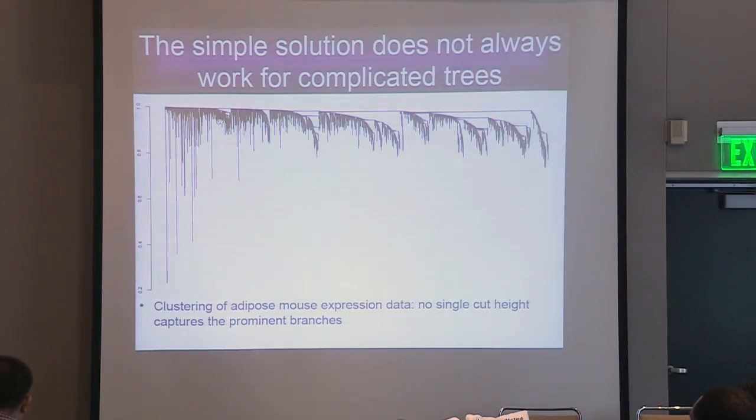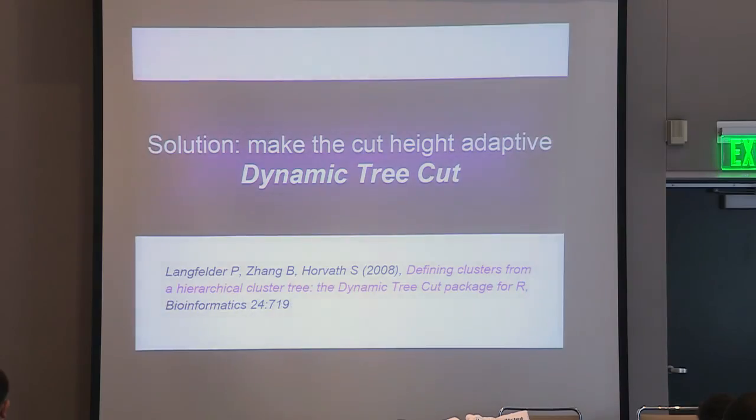So in this sense, the constant height tree cut is too restrictive. It just doesn't allow you to identify the modules that you visually see in the clustering tree.